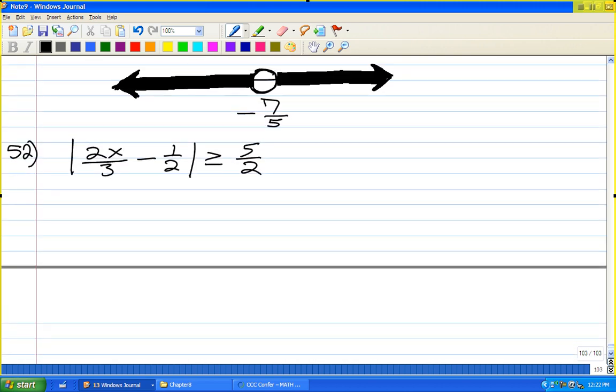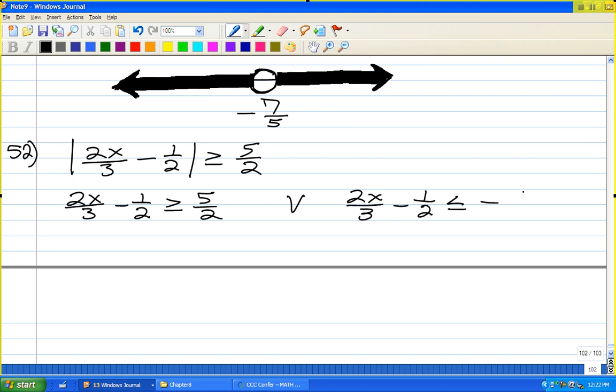So this says that 2x over 3 minus 1/2 is greater than or equal to 5/2, or 2x over 3 minus 1/2 is less than or equal to negative 5/2. Let's solve each of these inequalities separately.